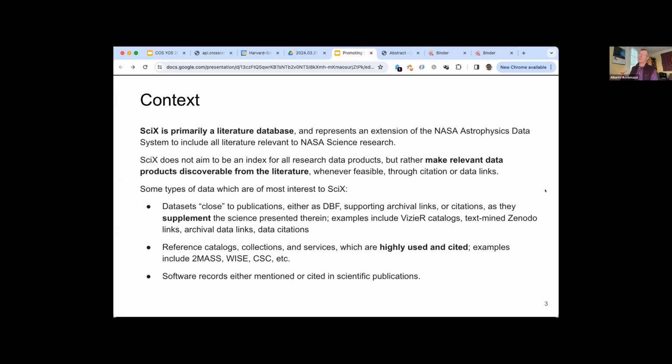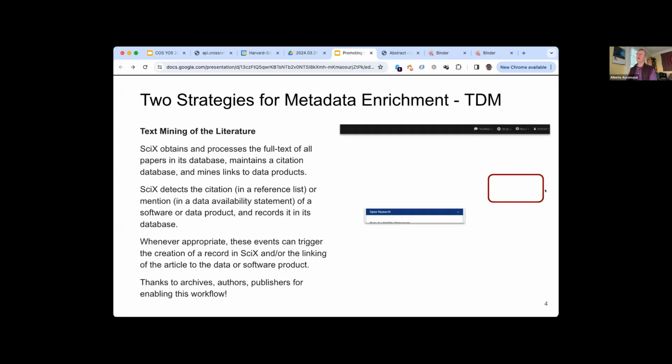Through citation links, whenever a data set is formally cited, that link can be captured by our data ingestion pipeline. The citations you can find are citations to existing data sets whenever those data sets have been published with a DOI, or when the authors themselves create supplementary material and deposit it in, say, a database such as Zenodo. Software records also fall into this broad category.